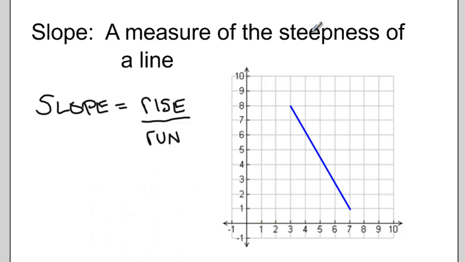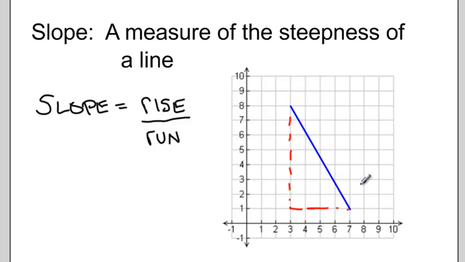And finally, we don't always need to work with lines that increase as you look from left to right. Sometimes we'll have lines that decrease from left to right. But again, we can calculate the slope the same way. We can look at the rise and the run of the line.